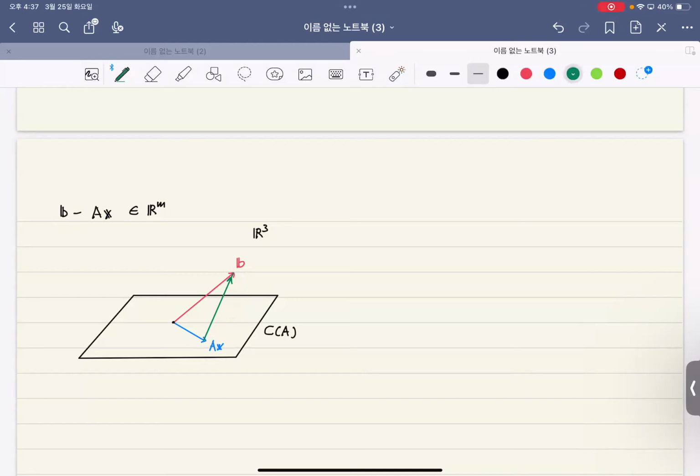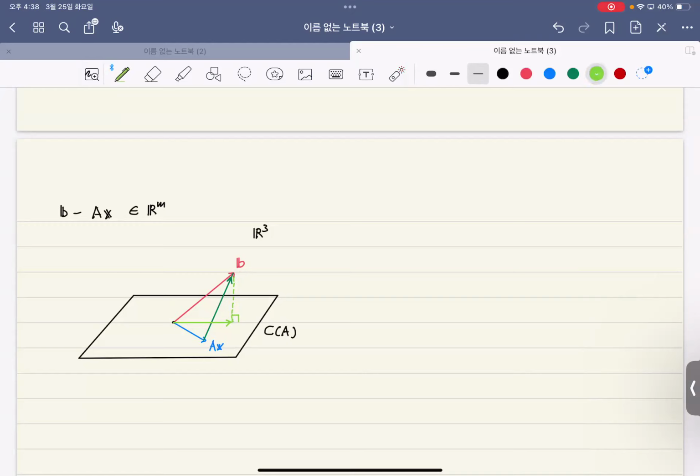And once you have the right angle, then I guess for this vector, this length must be minimized.